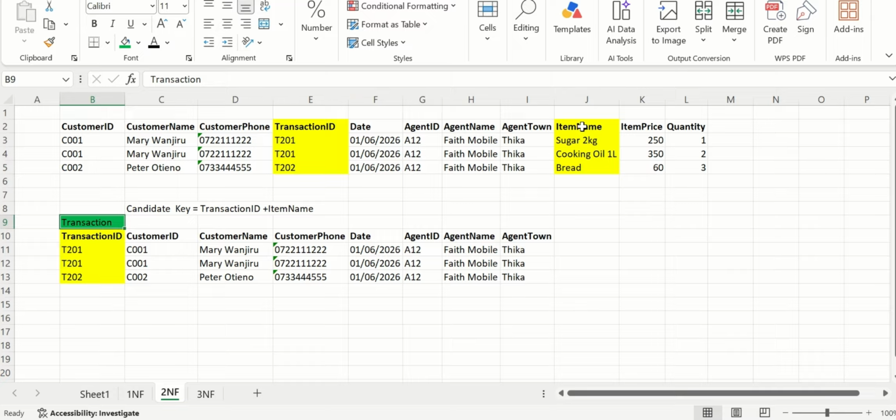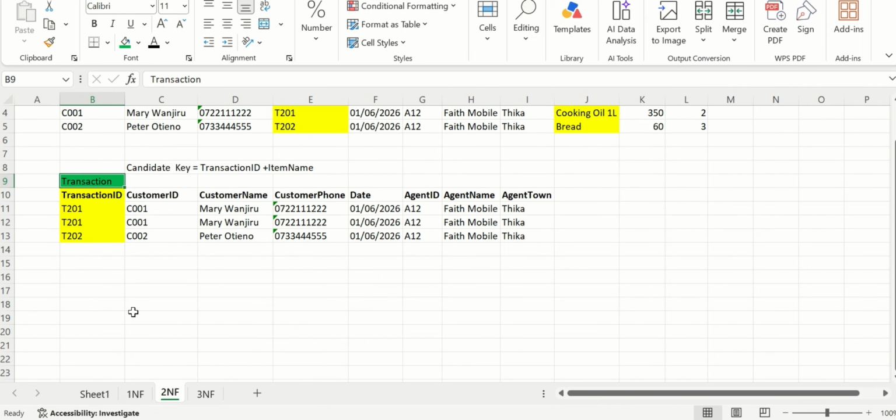A product price is the same regardless of the transaction. So that means the item price depends on this item name. So we shall build another table.